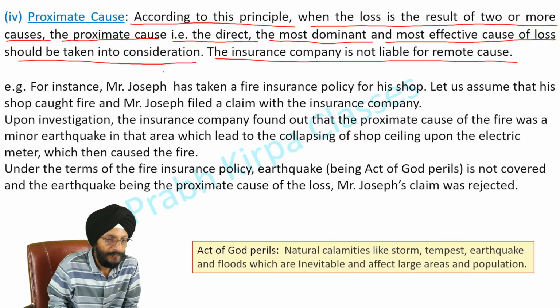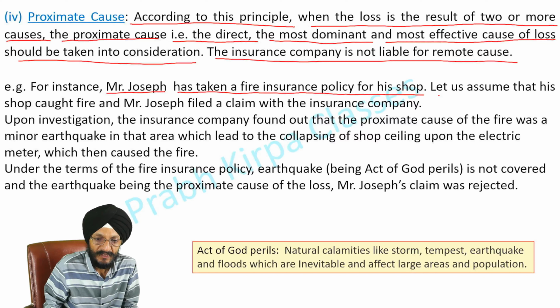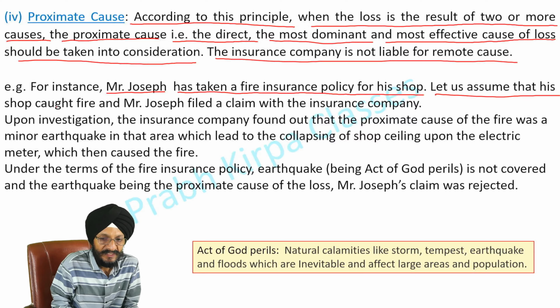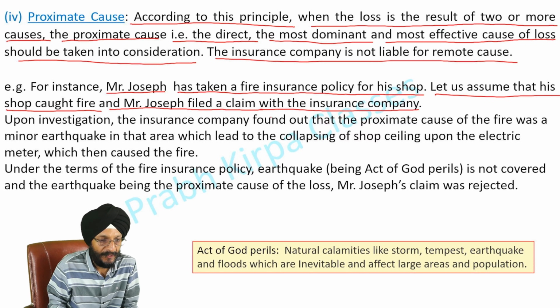For example, Mr. Joseph has taken a fire insurance policy for his shop. Let us assume that his shop caught fire and Mr. Joseph filed a claim with the insurance company.